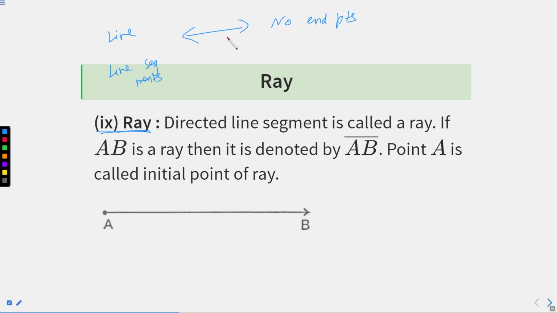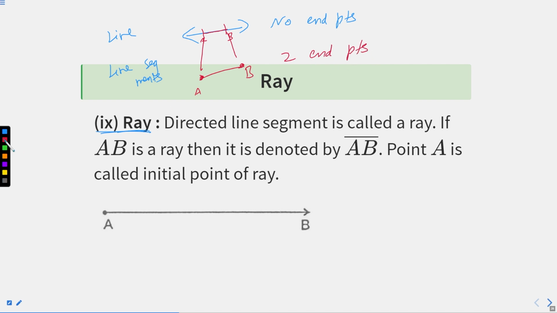A line segment means a small part of a line. So A, B: we take a small part of a line. So here A and B, a line segment, has two end points.